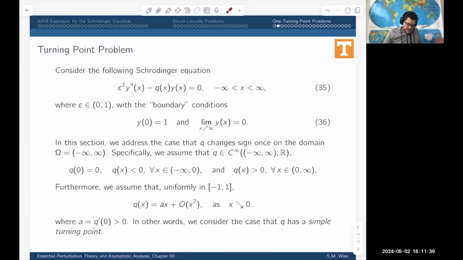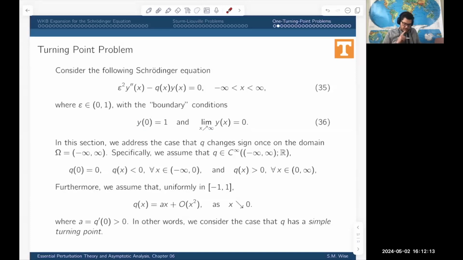The other boundary condition I'm going to pick is somewhat arbitrary: I'm just going to set y of 0 to be equal to 1. In fact, at the end of the day, setting this condition isn't so important for us, so I'm not going to talk too much about that. We're really going to focus on applying this boundary condition. So it's this Schrodinger equation with these quote unquote boundary conditions. Now, this one's really a boundary condition, and this one's kind of an infinity condition, if you like.